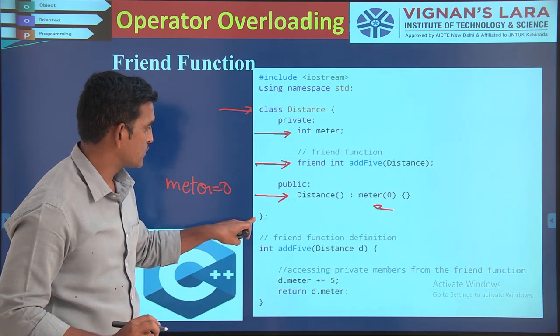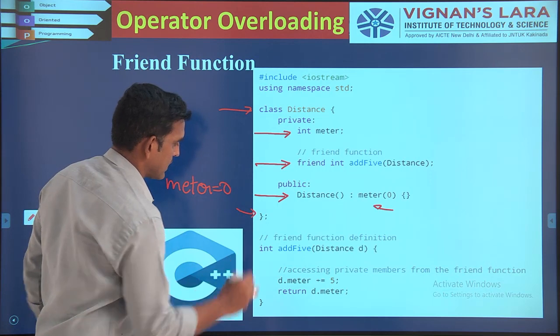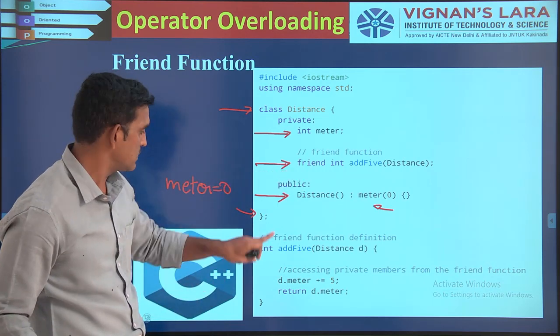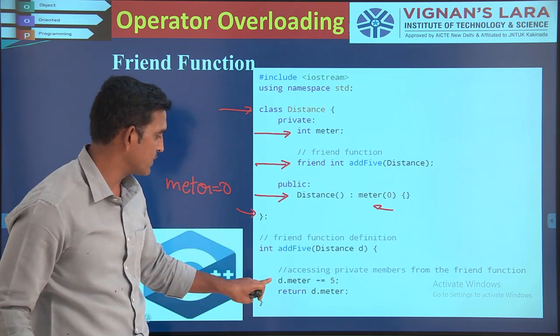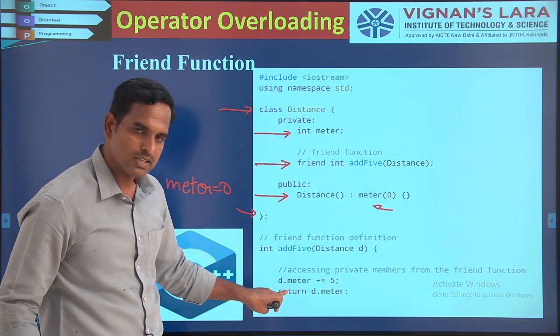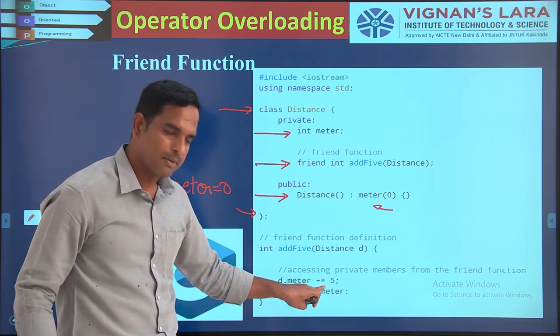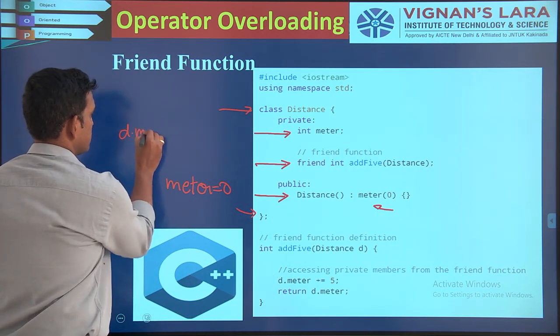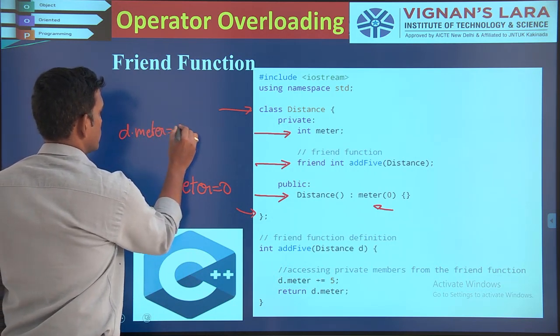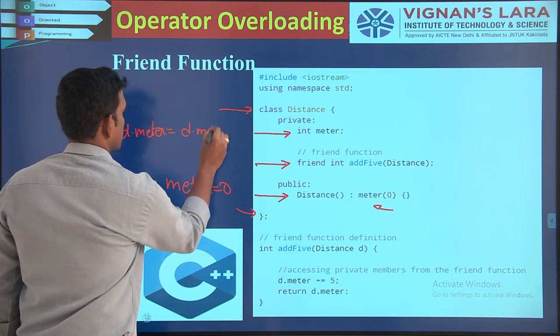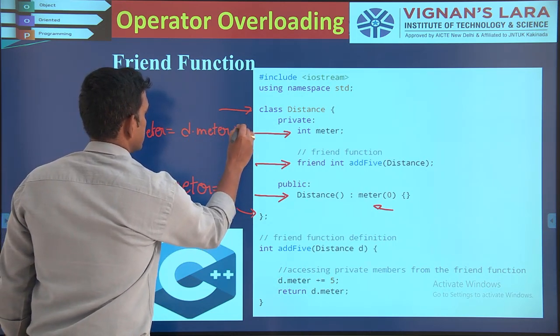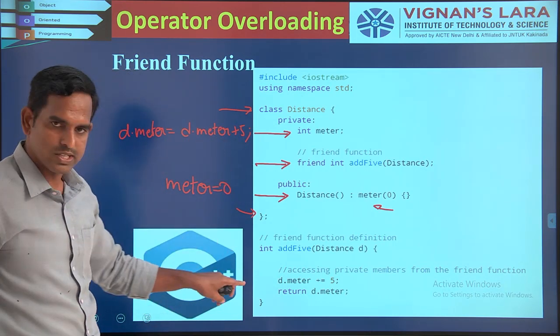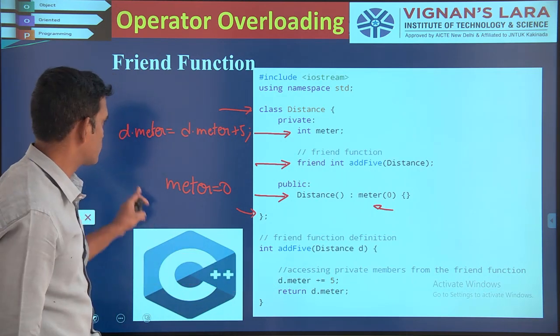Next, once after closing the class, you are defining your friend function. Inside the friend function, what are you doing? I am incrementing the meter value by 5. So what I have done is D.meter = D.meter + 5. I have written the same thing using the shorthand operator, plus equals 5.